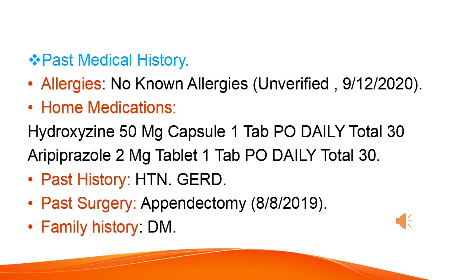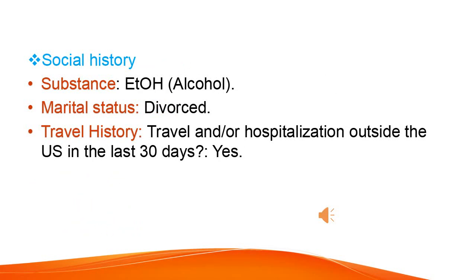Past surgery, appendectomy, August 8, 2019. Family history, DM. Social history. Substance, ETOH, alcohol. Marital status, divorced. Travel history, travel and/or hospitalization outside the U.S. in the last 30 days, yes.